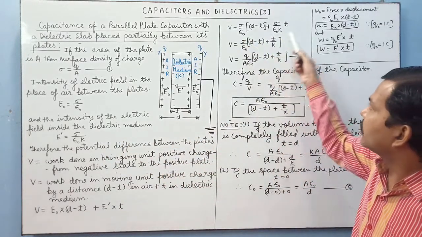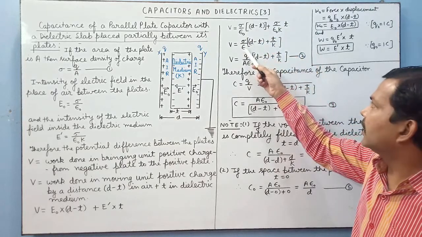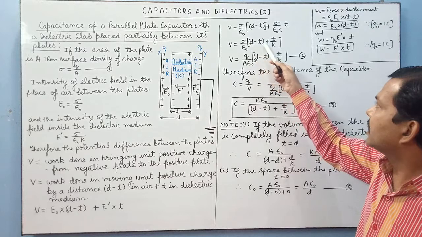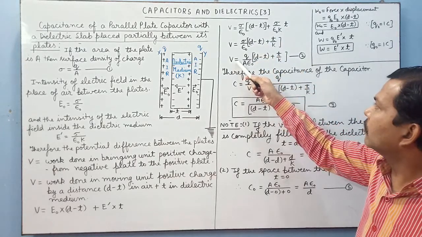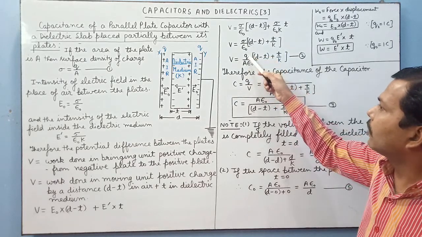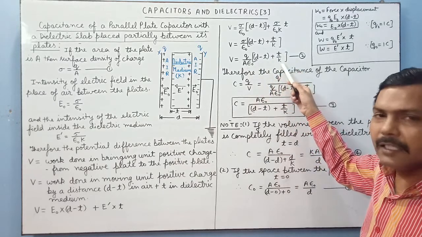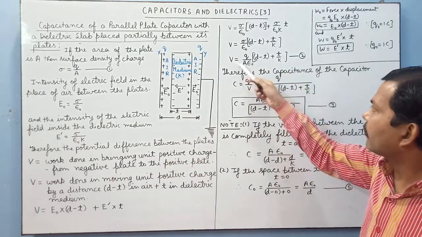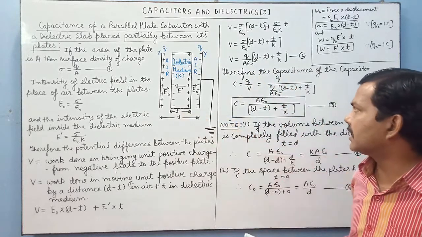Now we solve this equation taking sigma by epsilon 0 common outside. So we get d minus t plus t by K. V is equal to Q by A epsilon 0, because sigma is Q by A from equation 1, into d minus t plus t by K. We have calculated the potential difference between the plates of the capacitor.